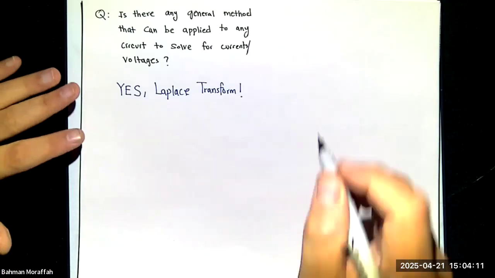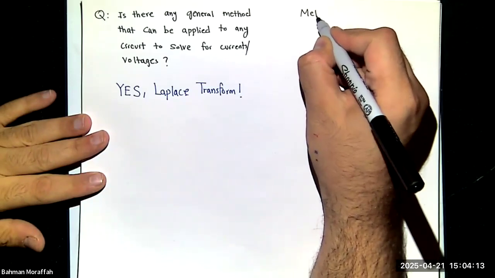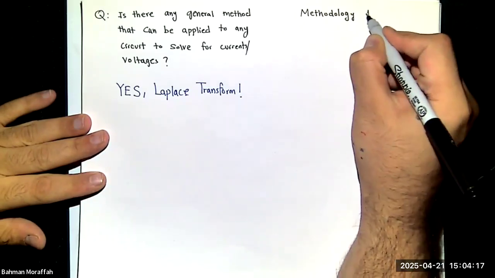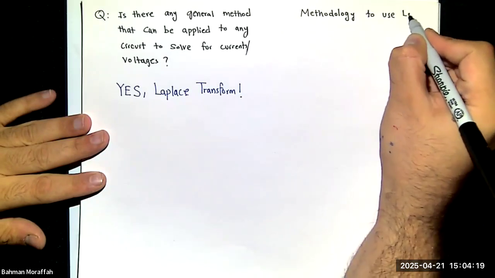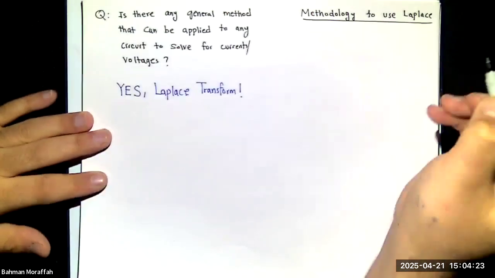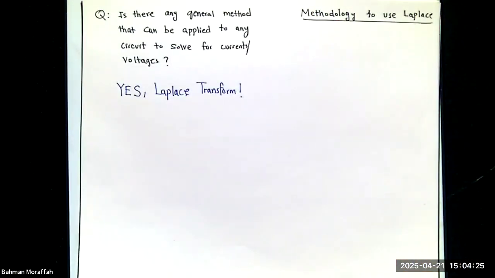So, the methodology to use Laplace. The very first thing that we need to check is to make sure the system is linear. If the circuit is linear, then we can apply this.